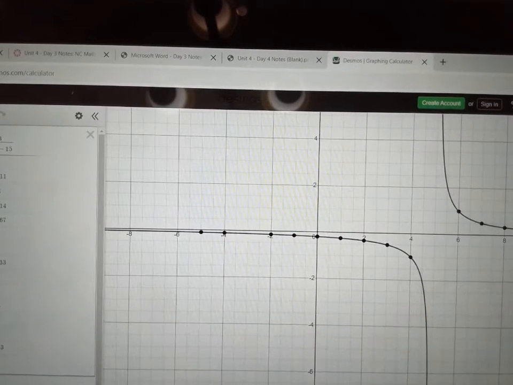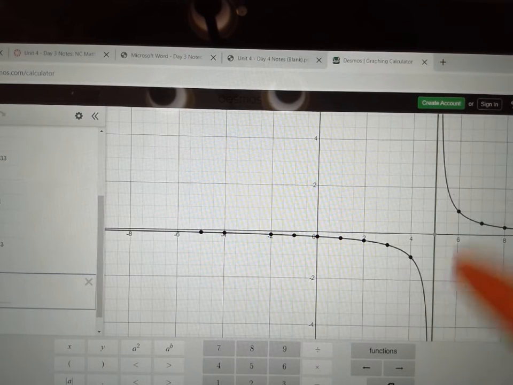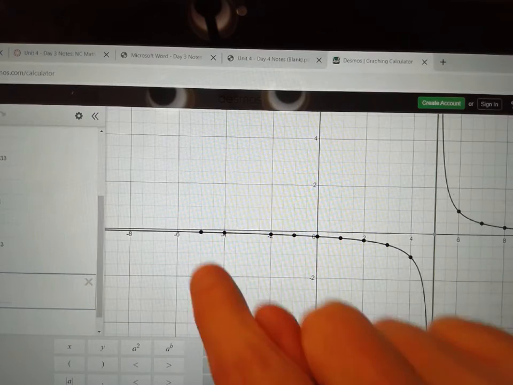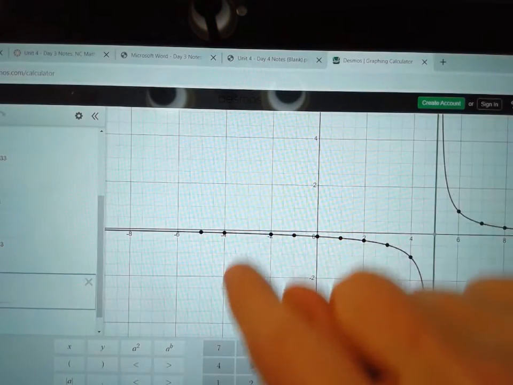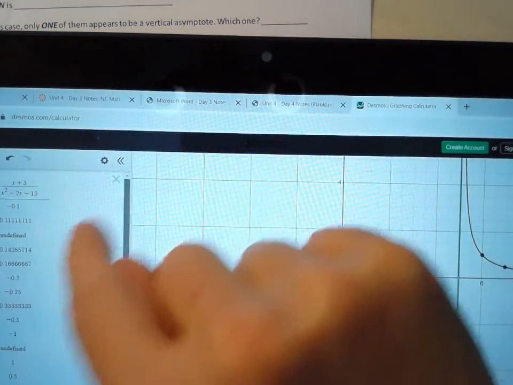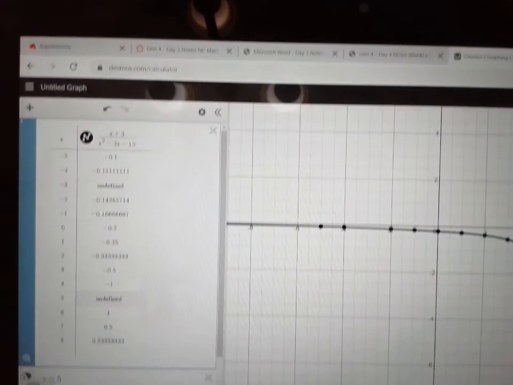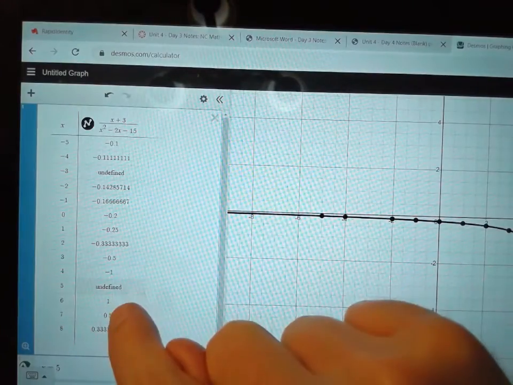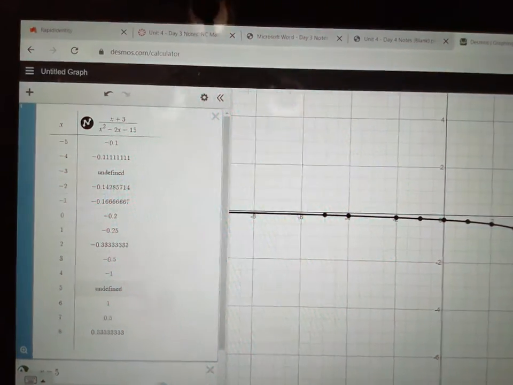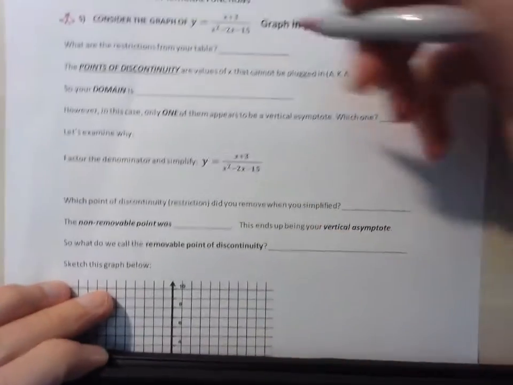If you actually typed in x equals 5, it'll give you a vertical line at the asymptote. It will not give you a vertical line at -3. But the restrictions are going to be from your table, -3 and +5. -3 and +5 both give you undefined. So those are your restrictions. So let's note that on the paper.